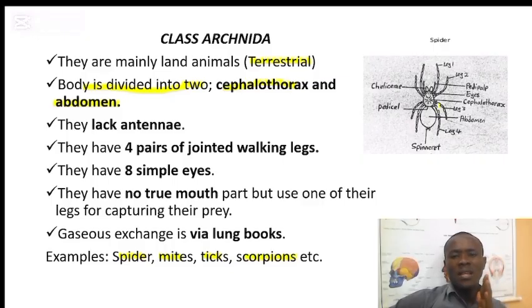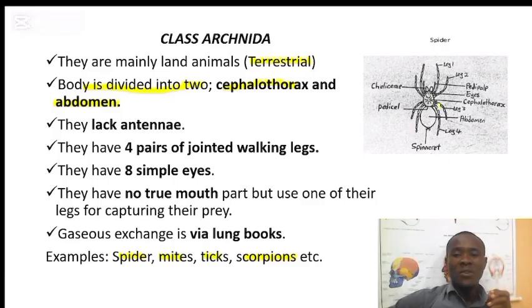And here also, if they come with an organism under Arachnida, it can be a spider, which is mostly common in our environment. So if you are given a diagram, first you have to identify whether it is a spider or not.